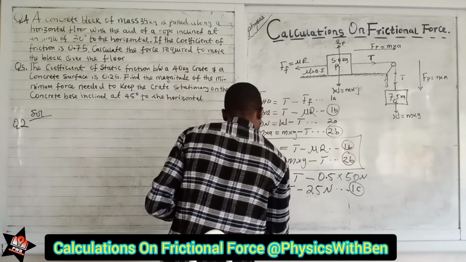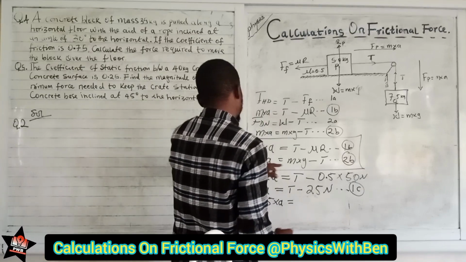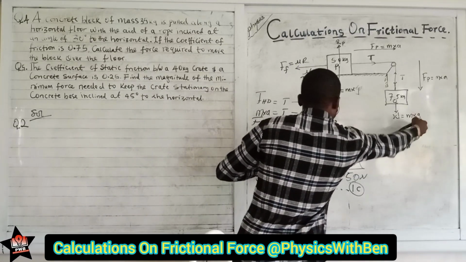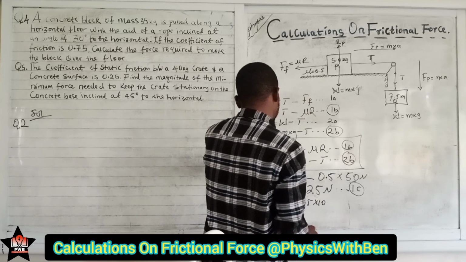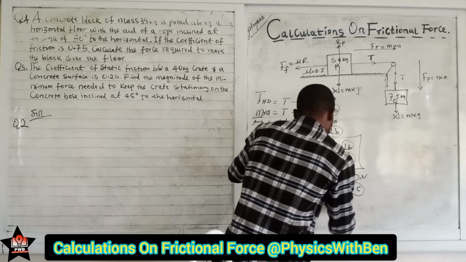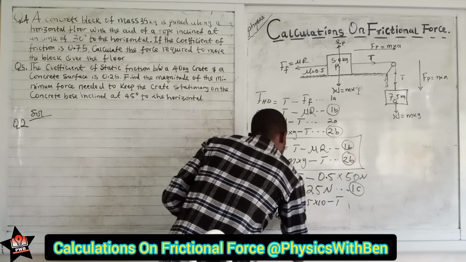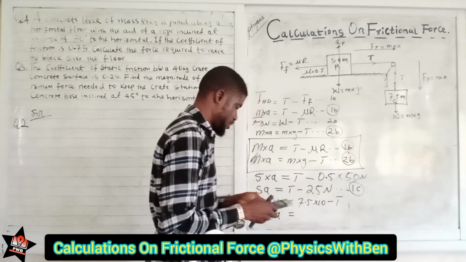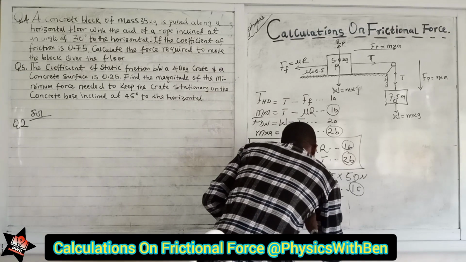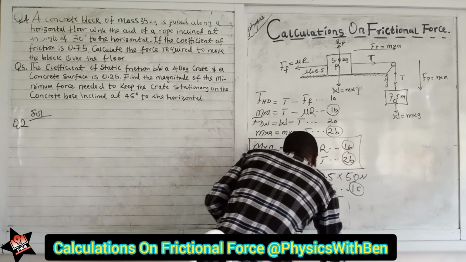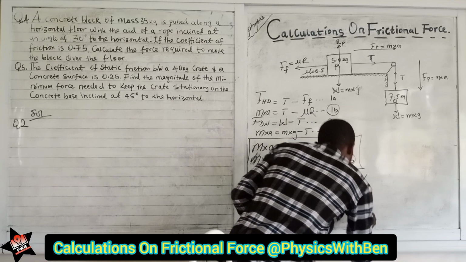We have 7.5 times A is equal to mass times gravity, so 7.5 times 10 minus the tension. 7.5A is equal to 75 minus T.